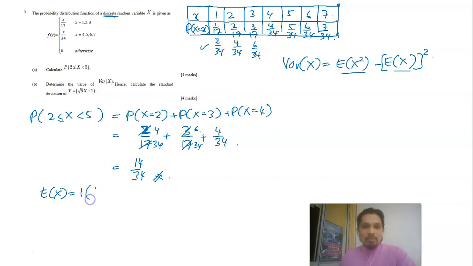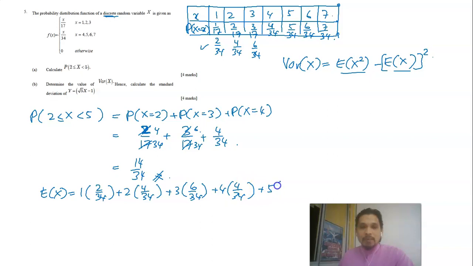So 1 multiplied with 2 over 34 plus 2 times 4 over 34 plus 3 times 6 over 34 plus 4 times 4 over 34 plus 5 times 5 over 34 plus 6 times 6 over 34 plus 7 times 7 over 34.